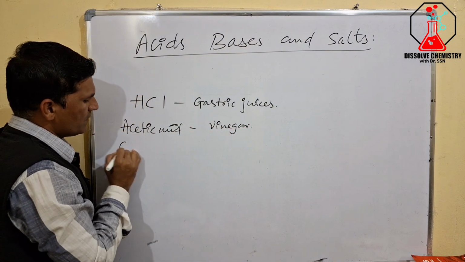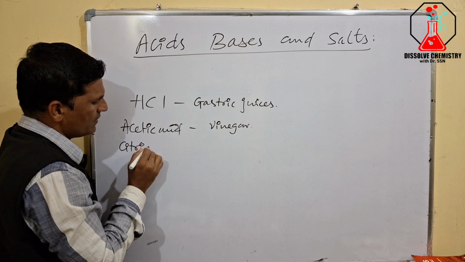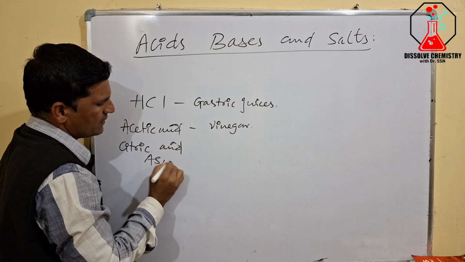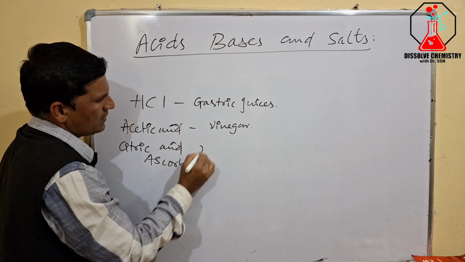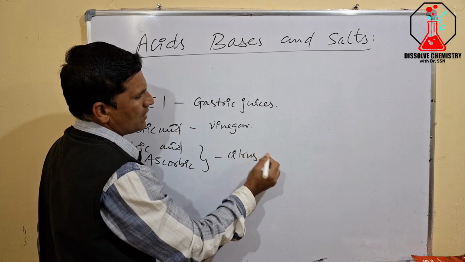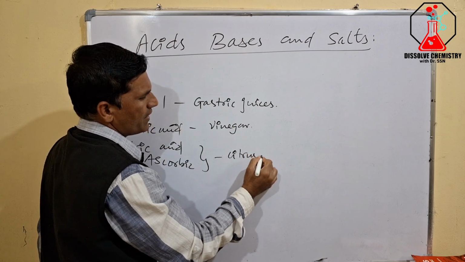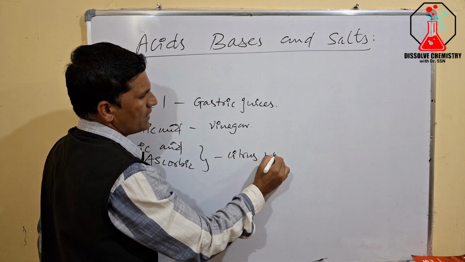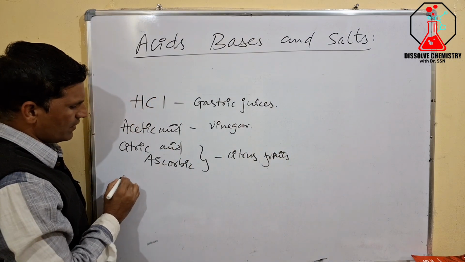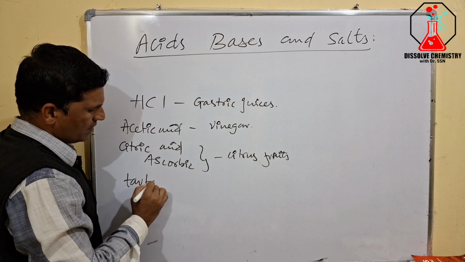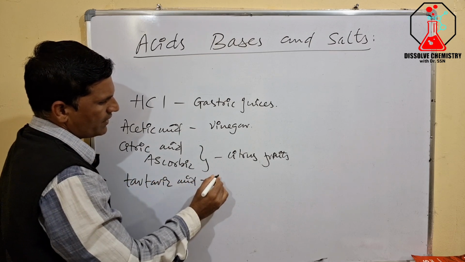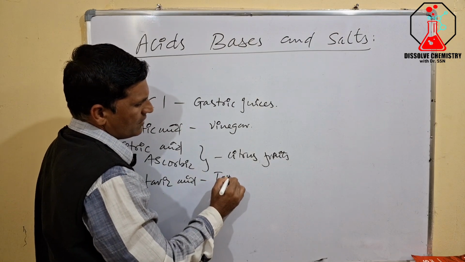Apart from this, you can take citric acid and ascorbic acid as the major components of citrus fruits, like orange or lemon. Then you can take tartaric acid, the major component of tamarind paste.